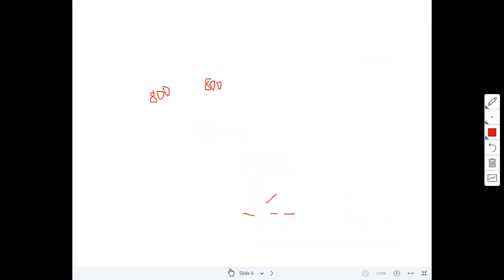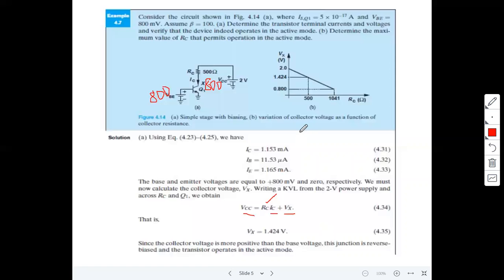Now observe here, this is the graph shown here. For 1.424 and a resistance of 500 ohm, 0.8 volts or 800 millivolts Vx, that is equal to 1041.